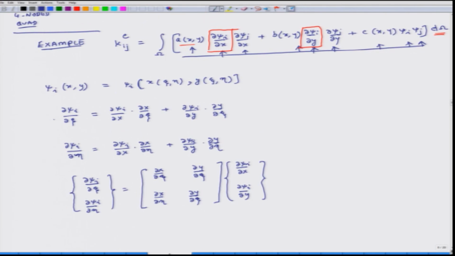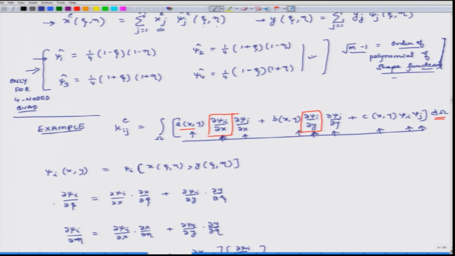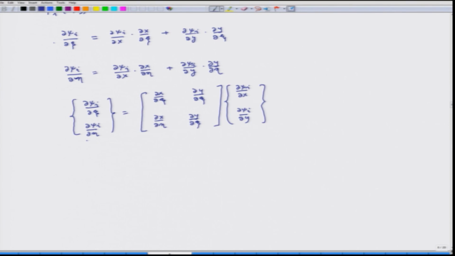Okay. In this equation for Kij, I am interested in finding del psi I over del x and del psi I over del y. From these relations for approximation functions, I can calculate the left side. This is what I am interested in, right. So, this is what we want to find out.